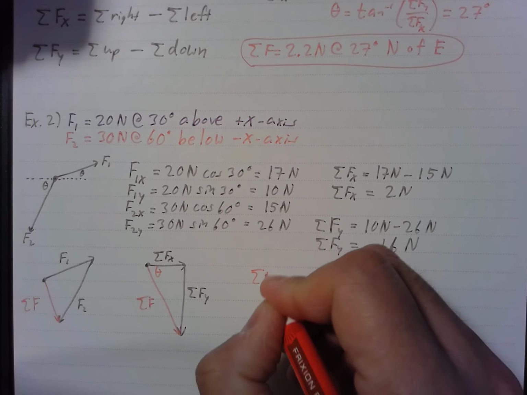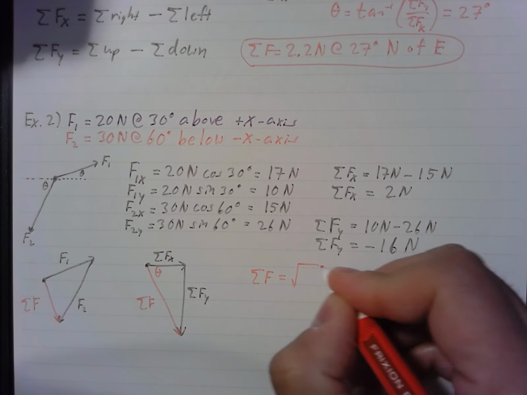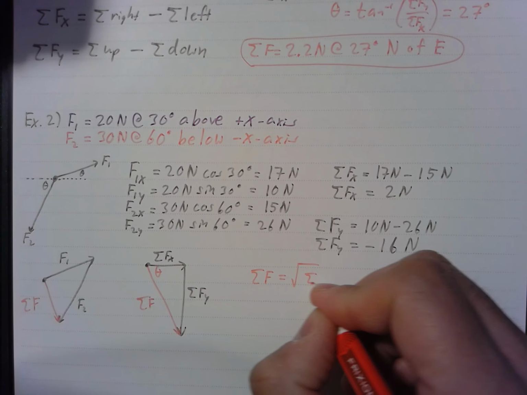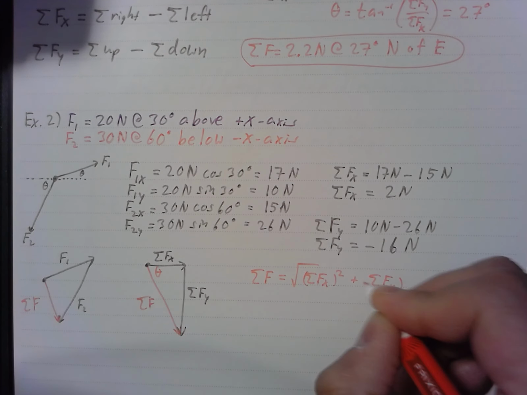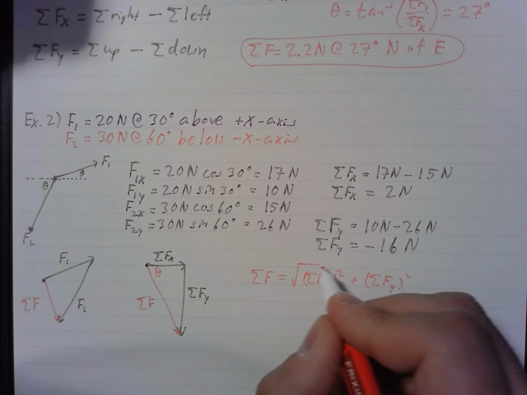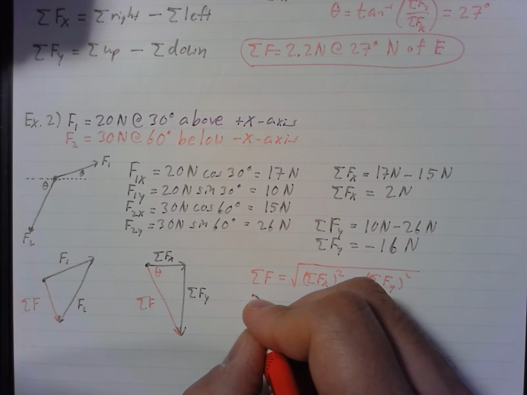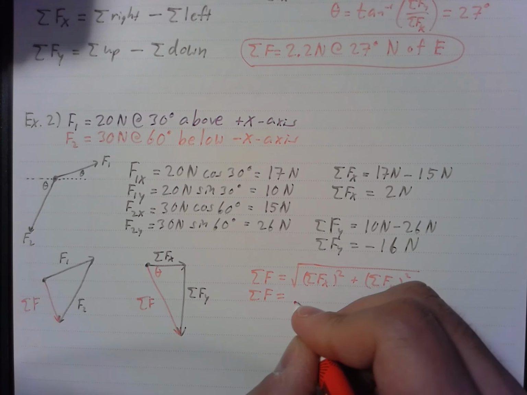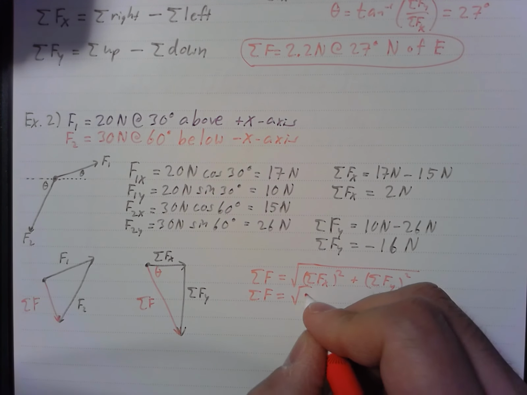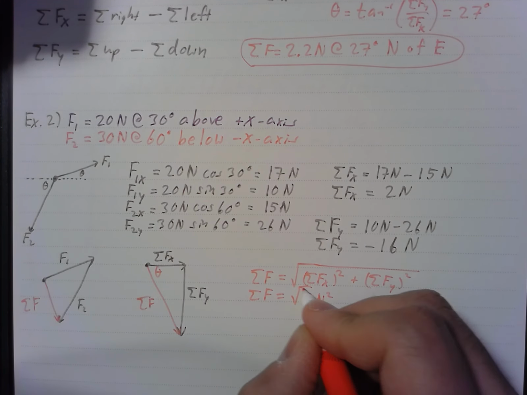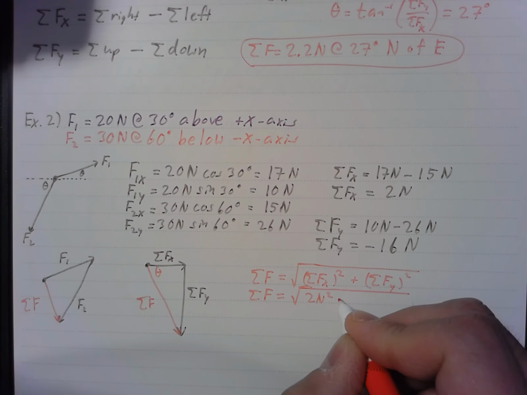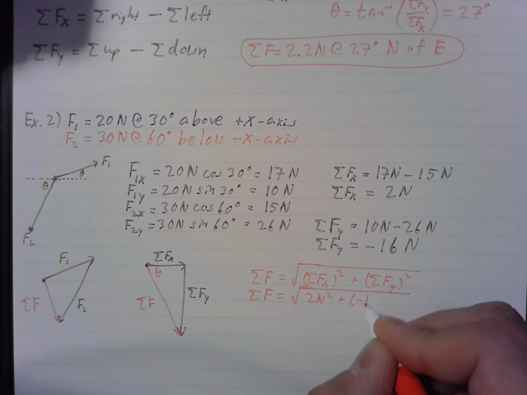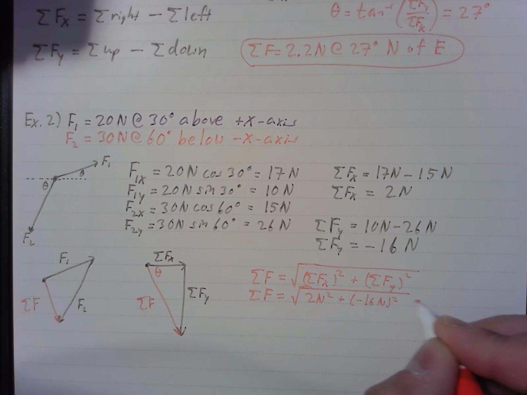So for my net force I will use the Pythagorean theorem: net force in the x squared plus net force in the y squared. I didn't do it in the previous example, so just to do this out, net force in the x direction is 2 newtons squared. Net force in the y direction is negative 16 newtons squared.